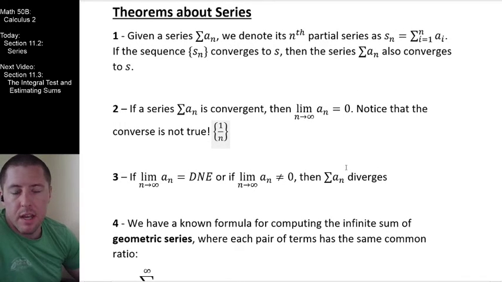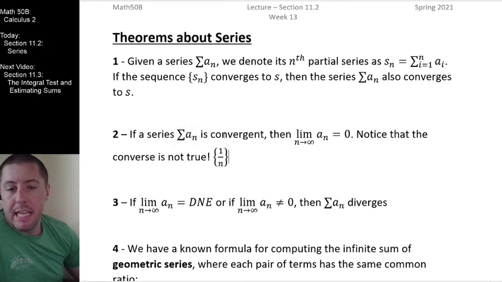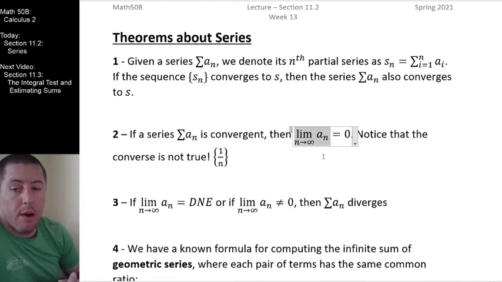This isn't a directly obvious statement. I think the book does prove this one right here, but my intuition tells me that it's going to be true. If a series is convergent, then the size of the individual terms, as you go further and further out in the sequence that generates that series, are going to have to converge on 0.